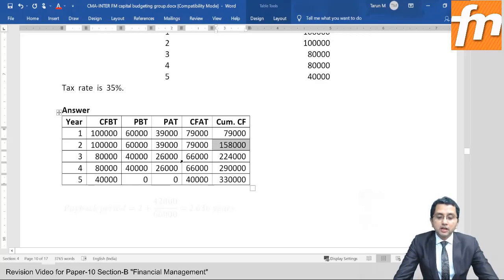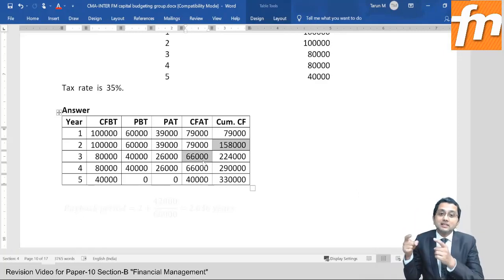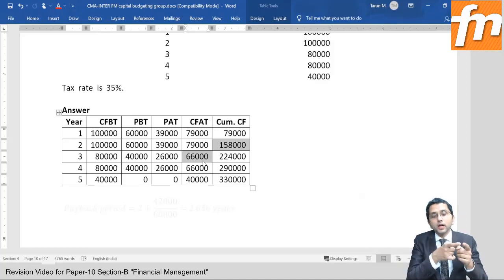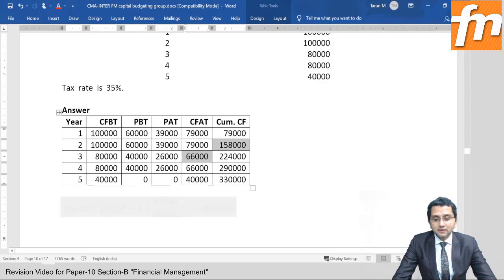But here I am not earning 42,000. Here I am earning 66,000. So I'll use the unitary method: if 66,000 rupees takes 1 year, then 1 rupee will take 1 by 66,000 year to recover. So 42,000 rupees will take 42,000 by 66,000 years to recover, right?